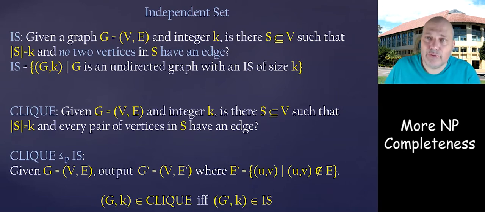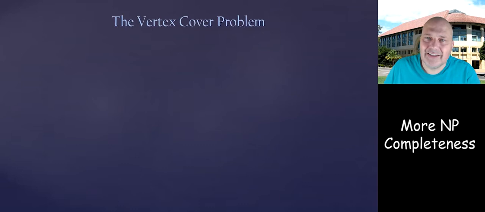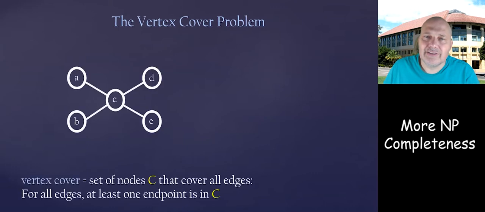So now we have two graph problems, and let's look at a third one. This one will be a little bit harder. So this is vertex cover. A vertex cover is a set of nodes that cover all the edges, which means that for every edge, at least one of its endpoints is going to be in this cover. So for example, for this graph, the star, what is a vertex cover?